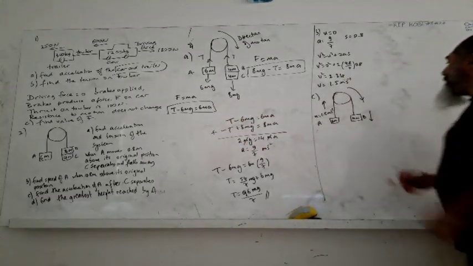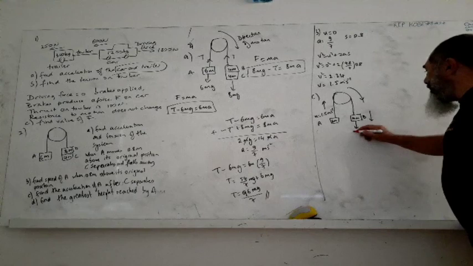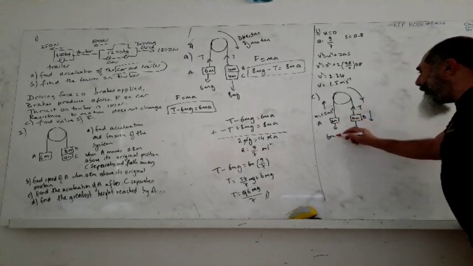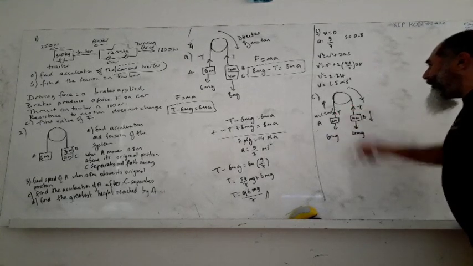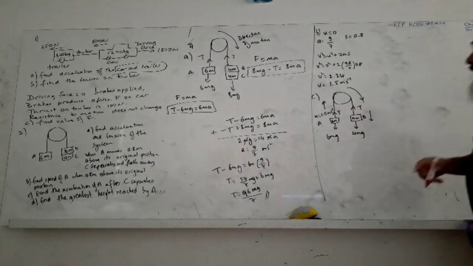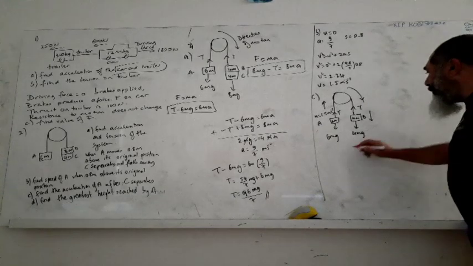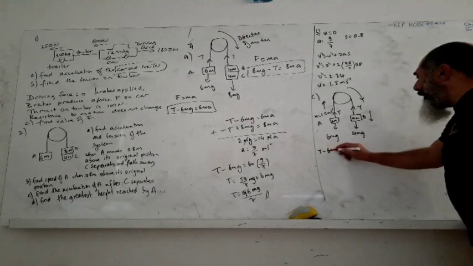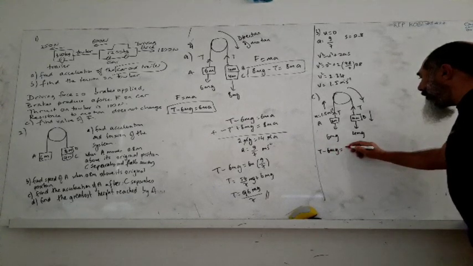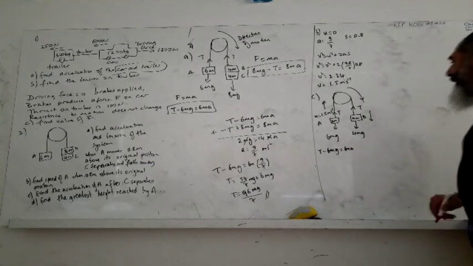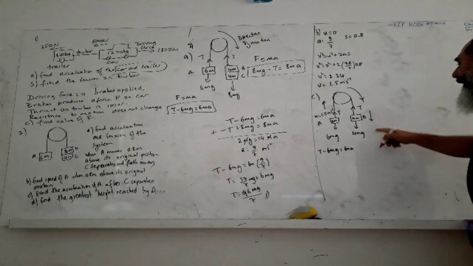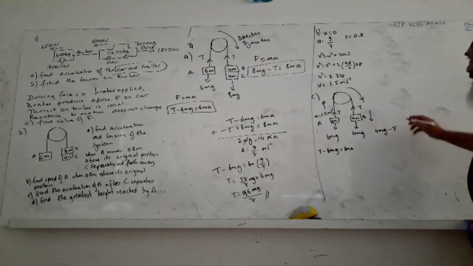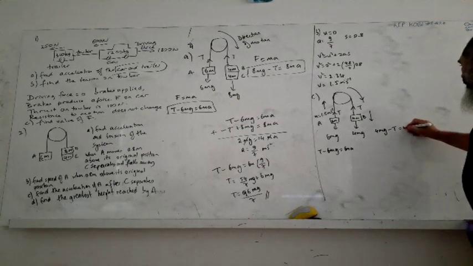So here this is 4mg, the weight, this is the tension. Again we have 6mg there, the new tension, because we don't have C in the system anymore. So T minus 6mg is equal to 6m times the acceleration. Here we have a different equation for B because we don't have any C there.